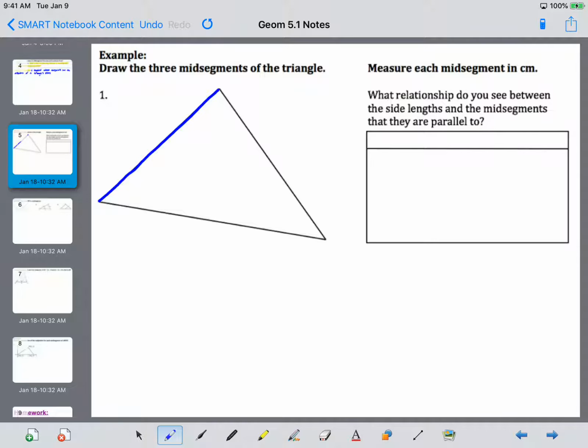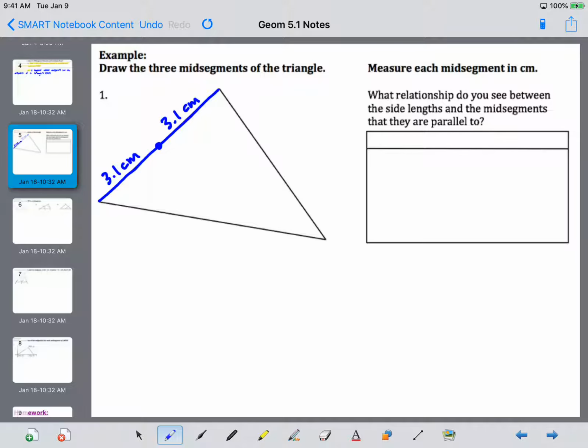This side here, I measured ahead of time, was 6.2 centimeters. If I divide that by 2, I know that at 3.1 centimeters is where the midpoint would be. So you need to make a point in the middle of that 6.2 centimeter long segment.